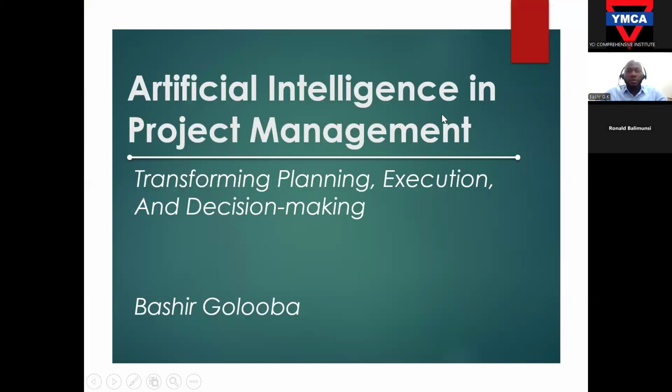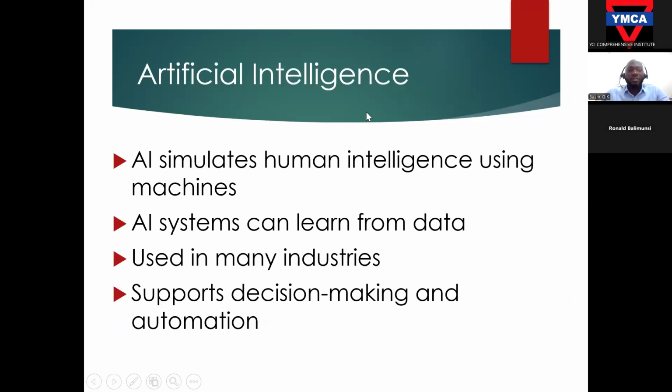Today we look at artificial intelligence in project management, just to appreciate what is there in artificial intelligence. It is technology that is simulating human intelligence by the use of machines and computers.